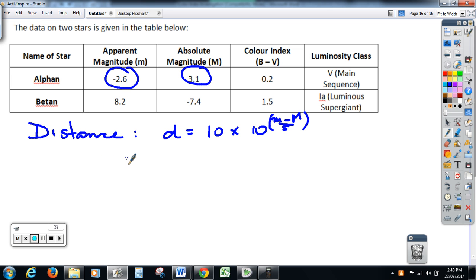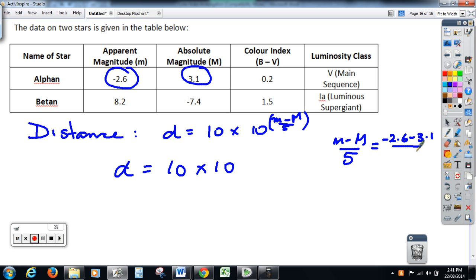So the distance to Alphen from the Earth is d equals 10 times 10 to the power of, it's little m first, so minus 2.6 minus 3.1, all over 5. If we just type that into my calculator, I'll just pause while I get the calculator. Okay, I have got negative 1.14.